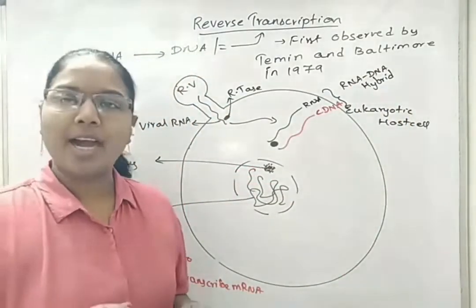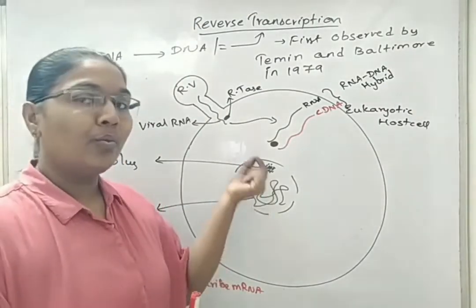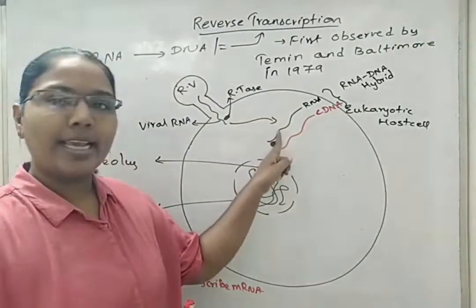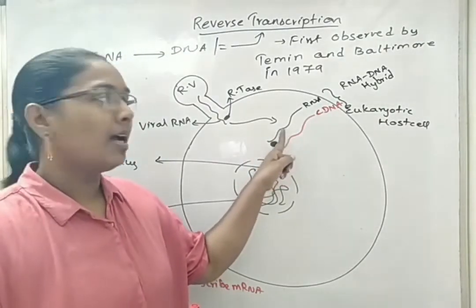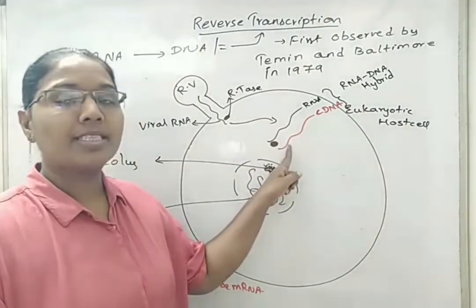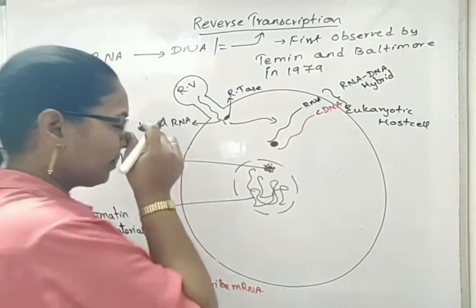After formation of the RNA-DNA hybrid, the reverse transcriptase will degrade the existing RNA. So this will not exist anymore after the formation of the RNA-DNA hybrid and after the formation of cDNA, which is coded by the reverse transcriptase enzyme.